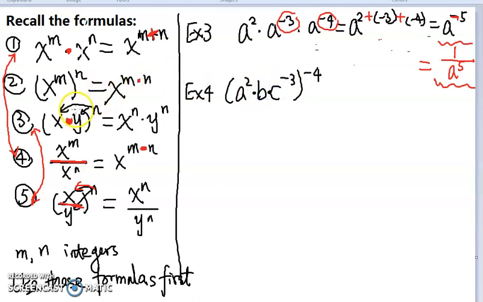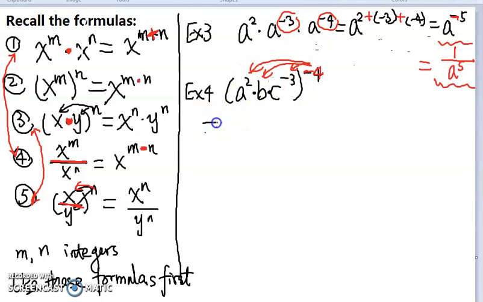And it's similar to the third formula. And if there is multiplication in the base, we can distribute the exponent. Or you can say raise each factor to that exponent. So we're going to distribute the negative 4th power to each one.